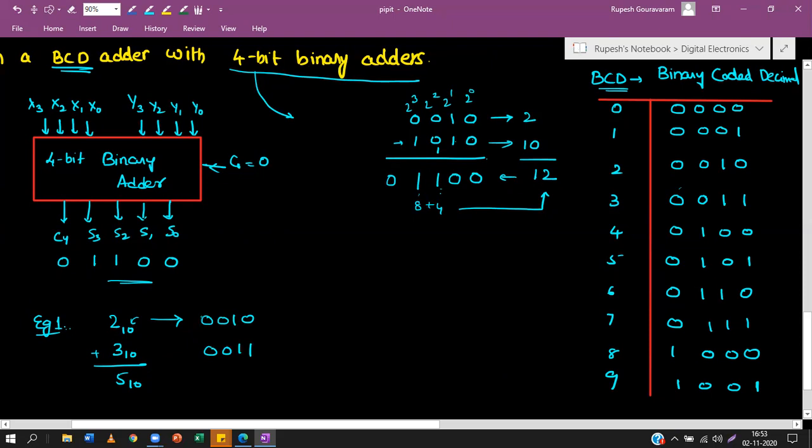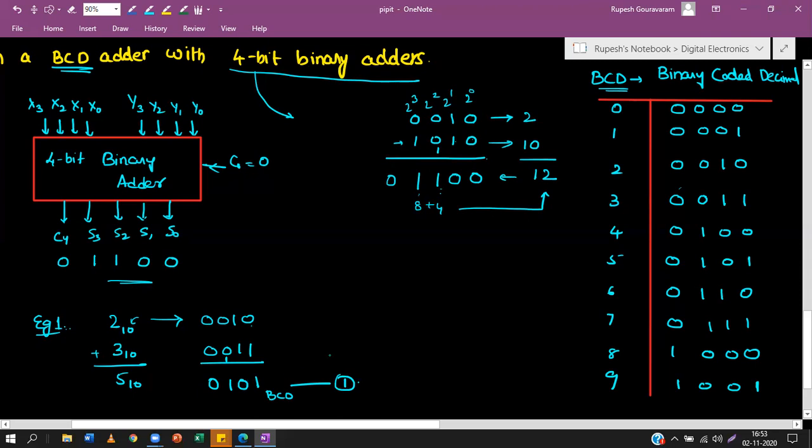Now, if you supply these two numbers as x3, x2, x1, x0 and y3, y2, y1, y0, what should the resultant sum be? Add these two. 0 plus 1 is 1, 1 plus 1 is 0 and carry is 1, then 0. So 0101, this is the BCD. Let us take it as observation 1.